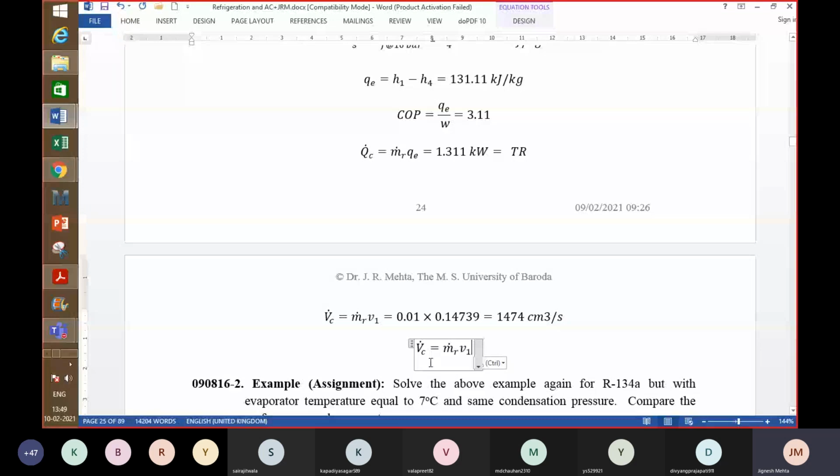So the ideal swept volume, I'm not writing as a rate, Vs, right?